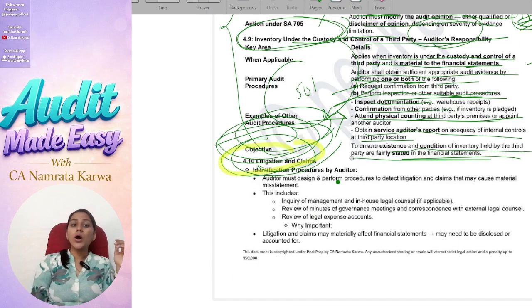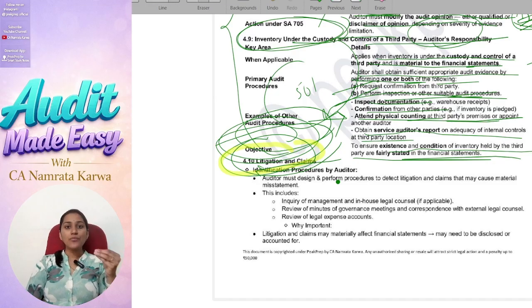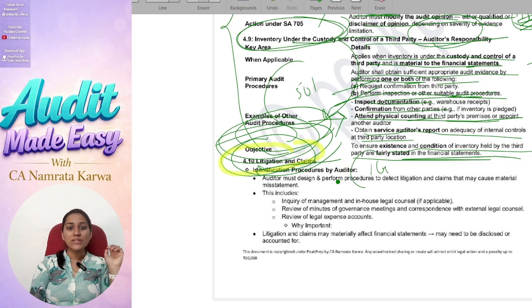So what do you mean by litigation and claim, guys? What does this exactly mean? For example, if XYZ is a company and there are a few pending cases going on against the company. For example, Mr. X has sued ABC company for defective products, and the amount involved is approximately, let's say, 1 CR.